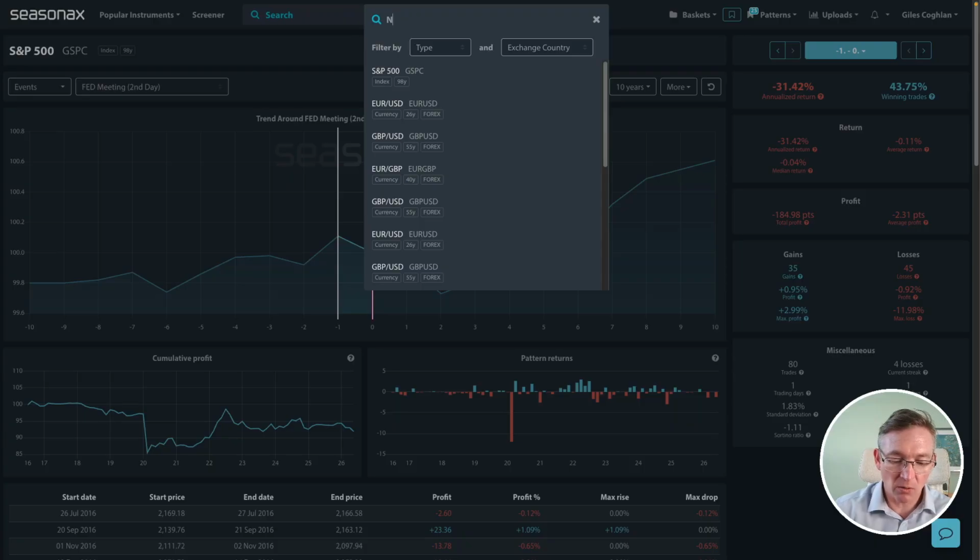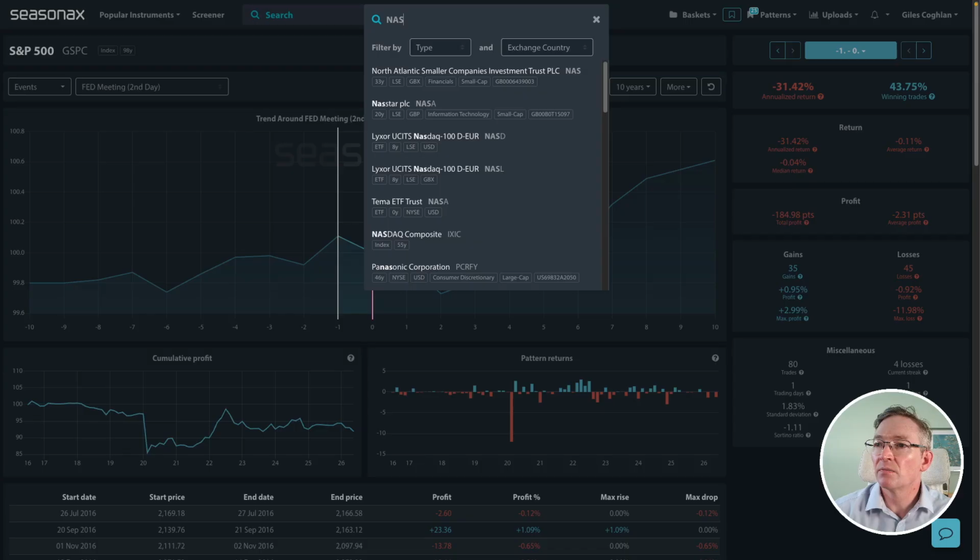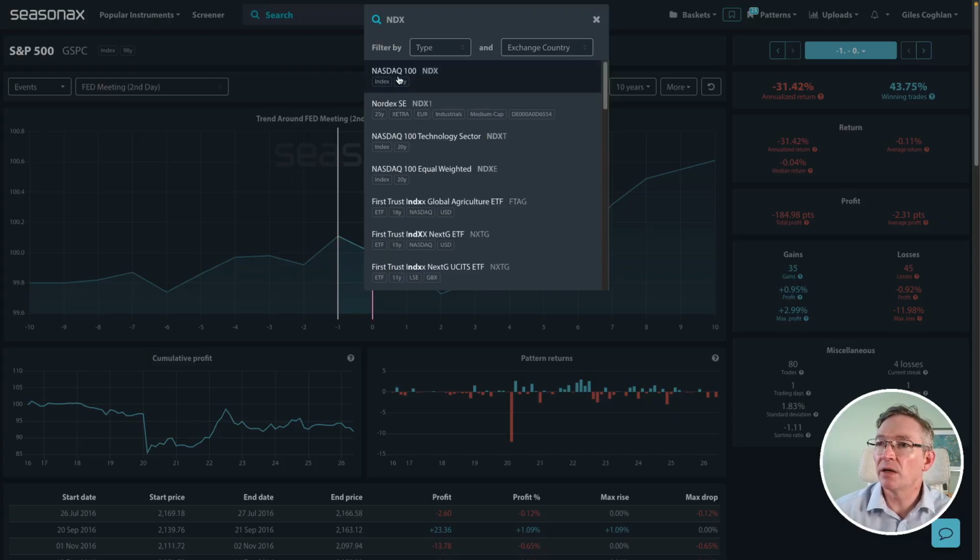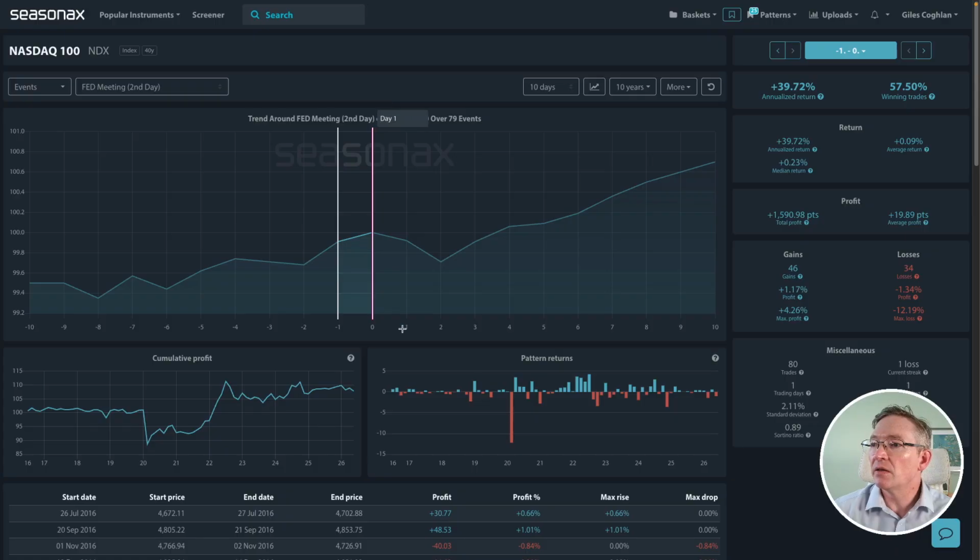So again, really quite different. Let's look at the Nasdaq. Let's just look at the NDX, it's going to be easier. There we go. And there you can see maximum profit 4.26%, max loss 12.19% on a Fed meeting. So straight away you can start to compare different asset classes over different events.